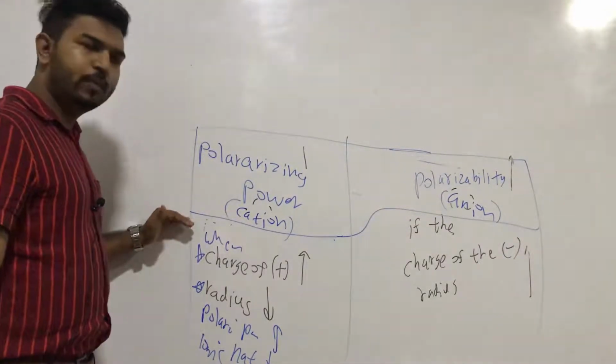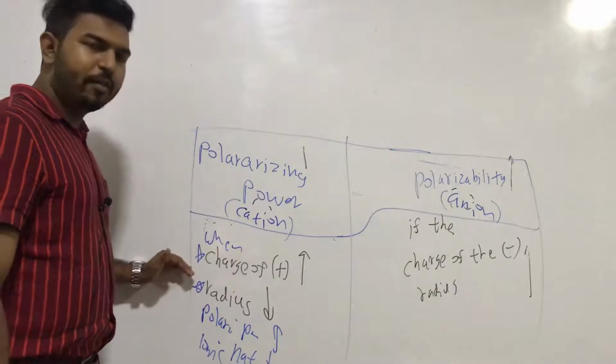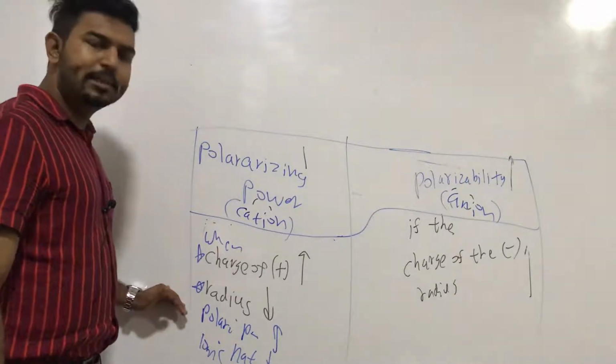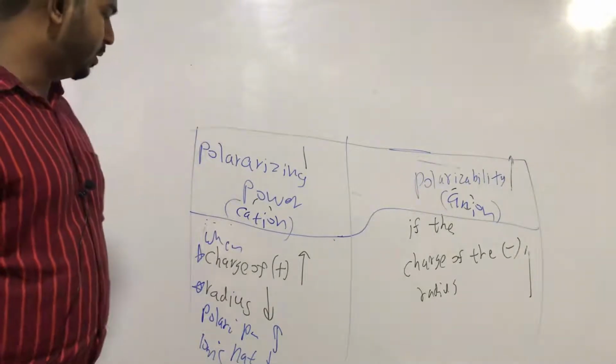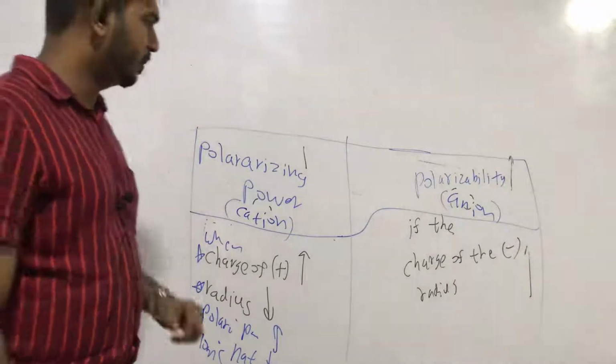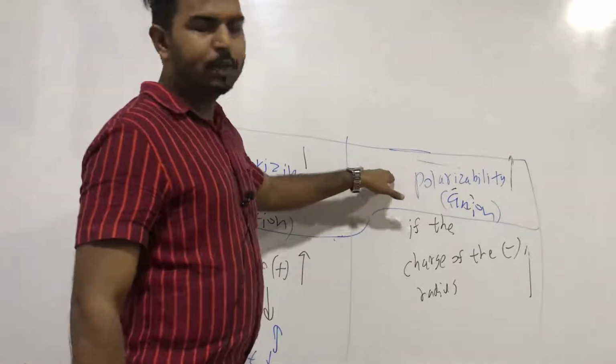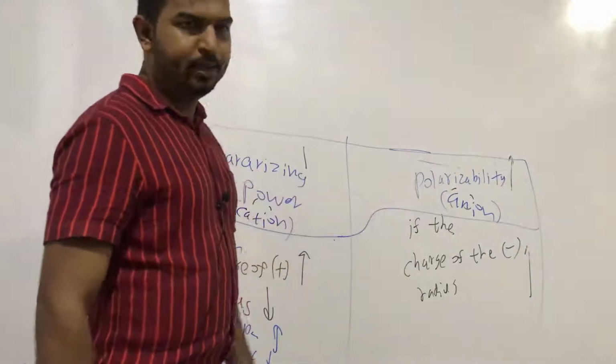When charge of positive ion increases and radius decreases, polarizing power increases and ionic nature decreases. Then write for the polarizability of the anion.